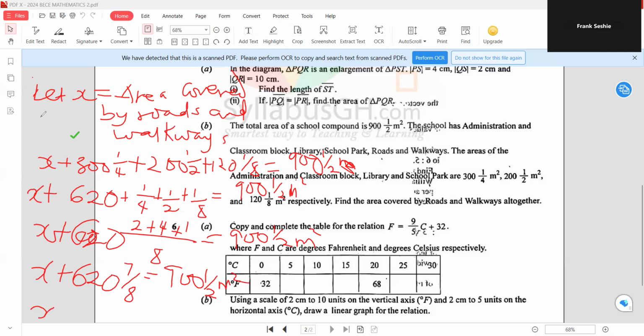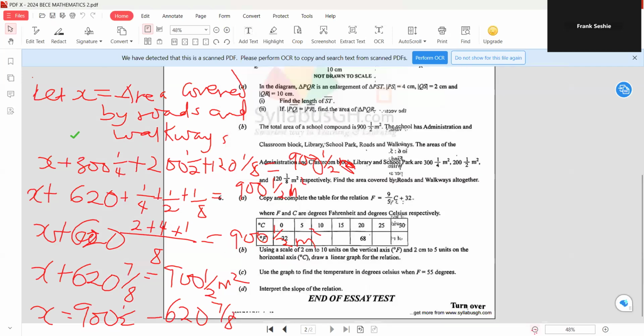So it means that if I want my X, it is 900 and a half meters squared minus 620 7/8 meters squared. So let me do my calculations for that.